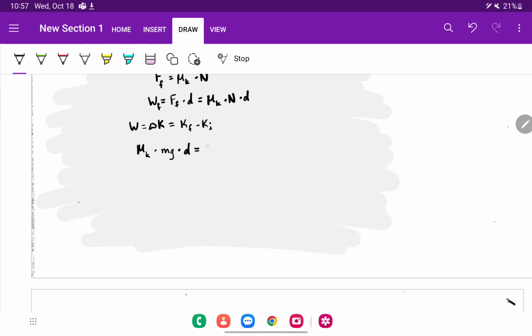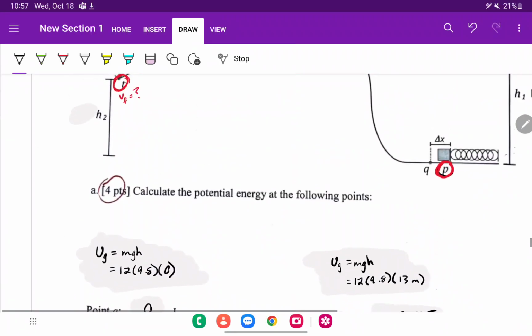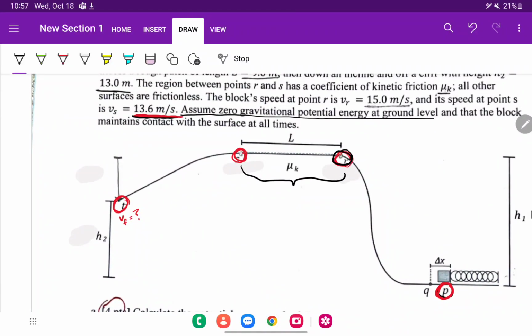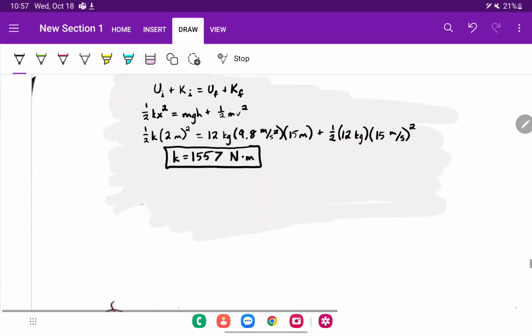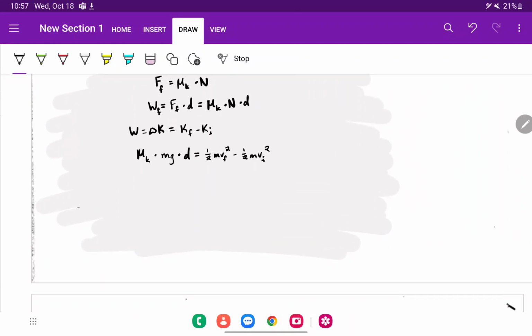So that's our work, and that's going to be our K final, so 1/2 mv squared, minus our K initial. And be careful, we're looking at kinetic energies. Our initial and final is at point R and point S. The initial and final of the work done by friction.